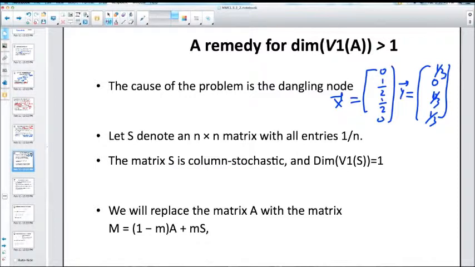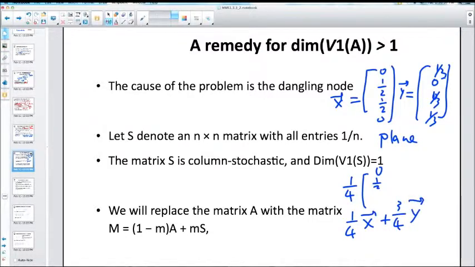Any combination of X plus Y will be a solution. That's what I call a plane. You can make it as 1/4 of the X plus 3/4 of Y, and then you get another solution.